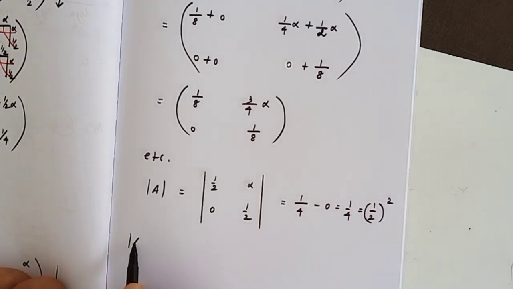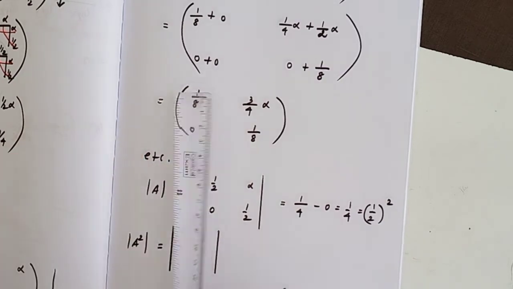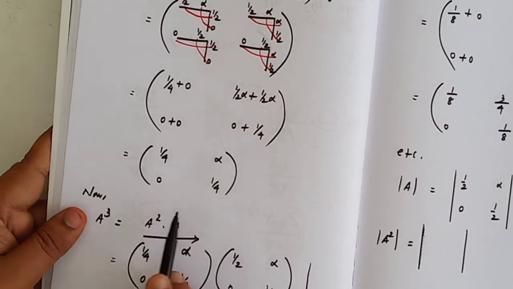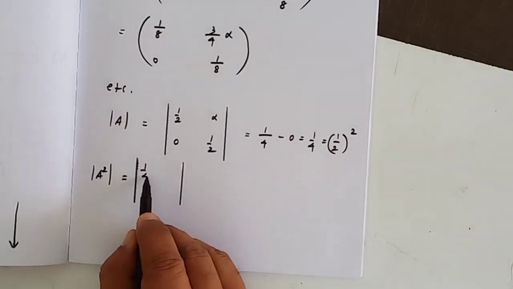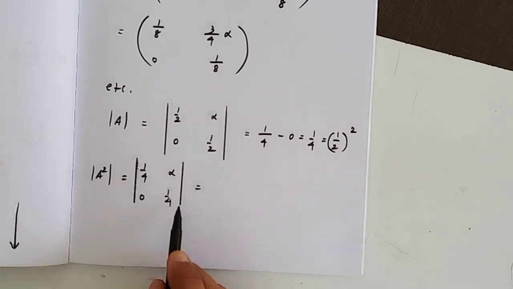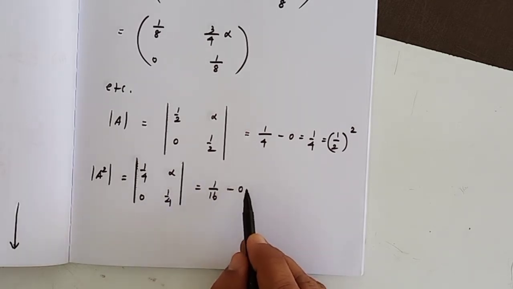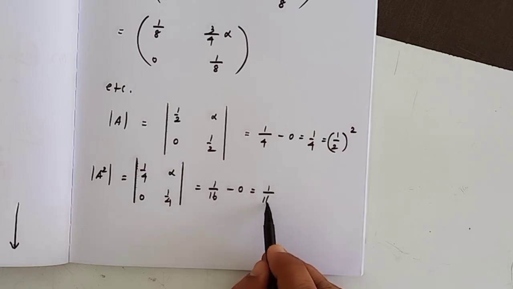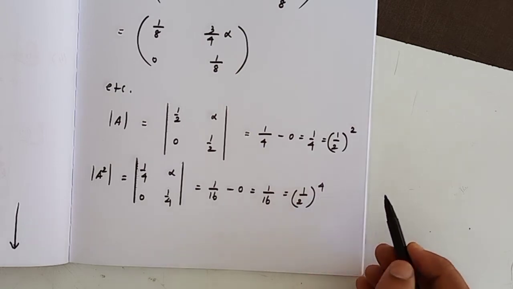Next, determinant of A squared. A squared is [1/4 alpha; 0 1/4]. I have to multiply these two: 1/4 into 1/4 is 1/16, minus 0 into alpha, that is 0, equals 1/16. 1/16 you can write as (1/2) power 4.